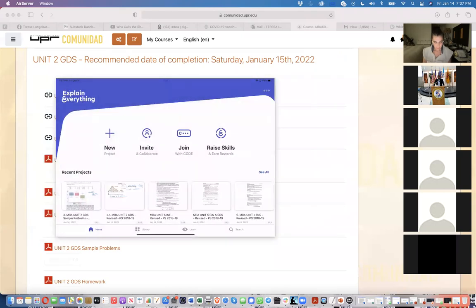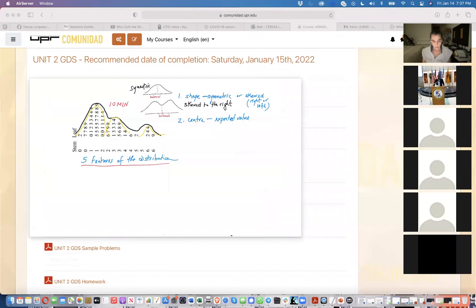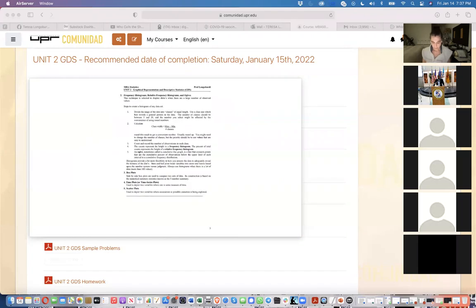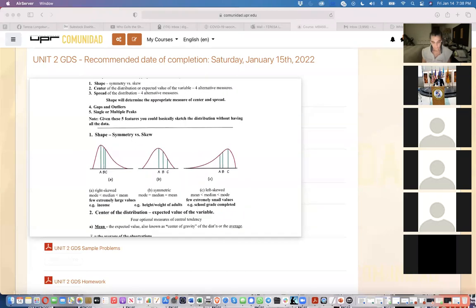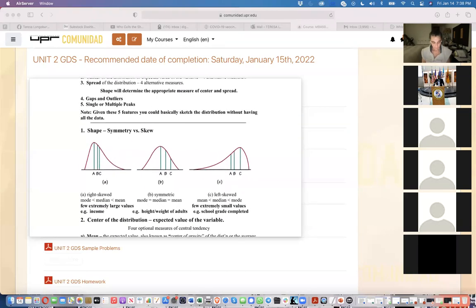Where are the notes? Oh yeah, these are the notes. So here we have the discussion in the notes. So first we talked about the shape, right? And the shape can be symmetric.